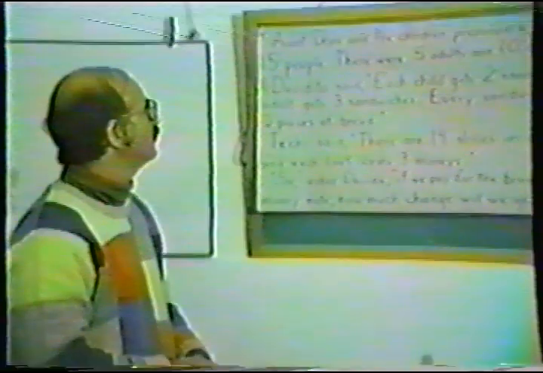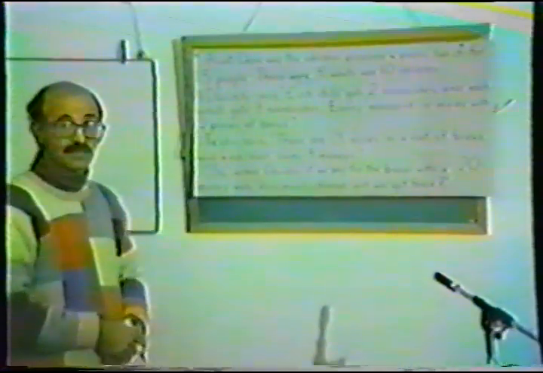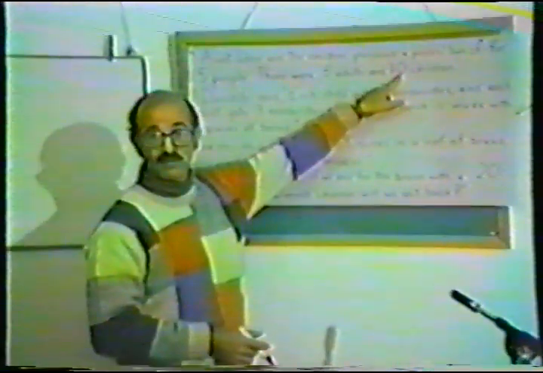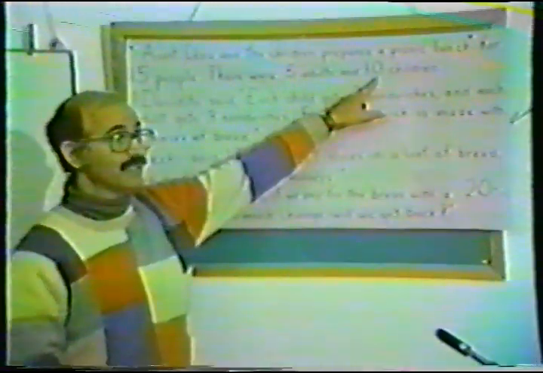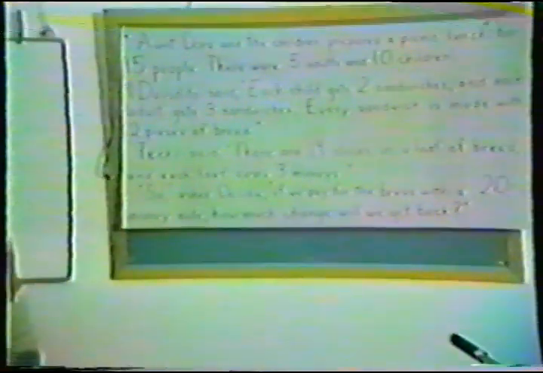Davidito said each child gets 2 sandwiches. Well, how many children are there? 10. 10 children, 2 sandwiches for each child. What do we do with those 2 numbers?